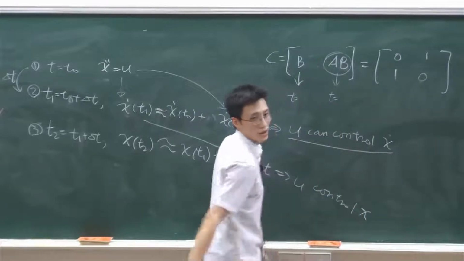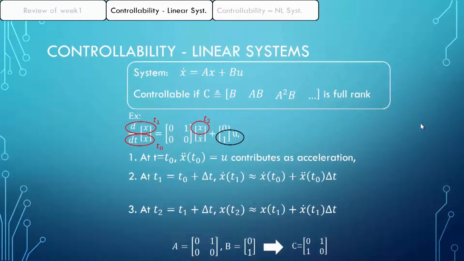And this comes from A times B. Because this state has been affected by U, when you multiply A by this, the influence will come in from the second state to the first state because there's a 1 here. The second element times this will transit to the first element.